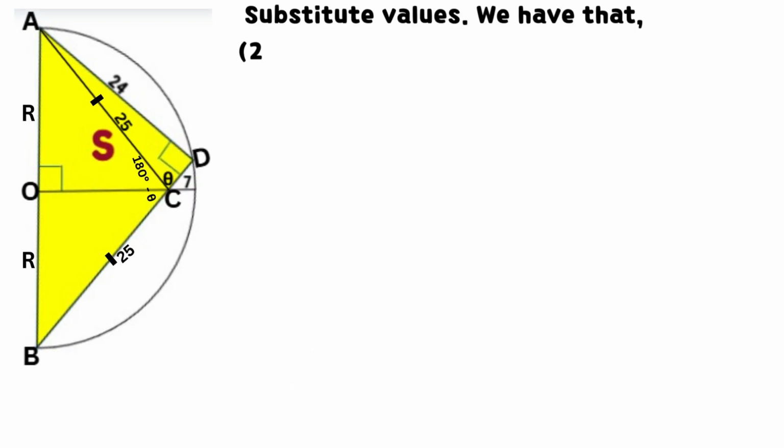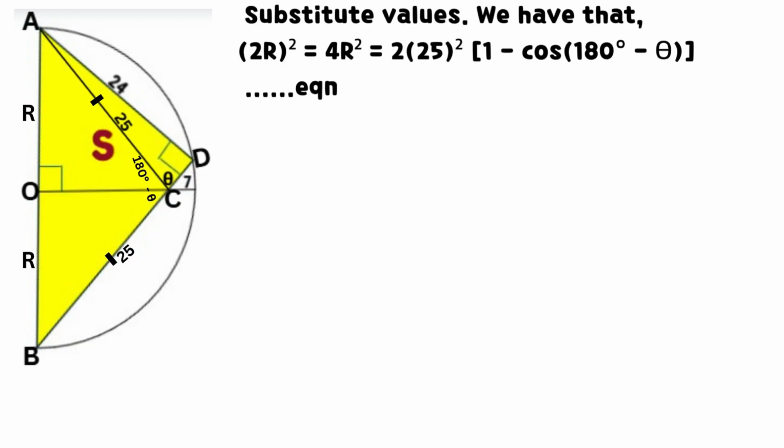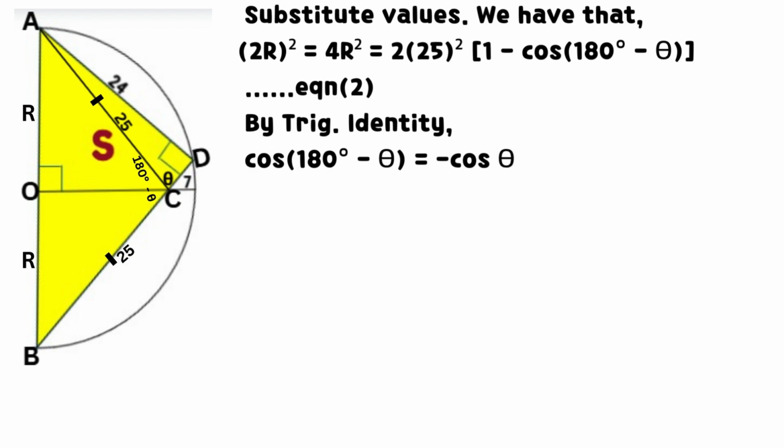Substitute values. We have that the square of 2 times r equals 4 times the square of r, which equals 2 times the product of the square of 25 and 1 minus cosine of 180 degrees minus theta. We call it equation 2.